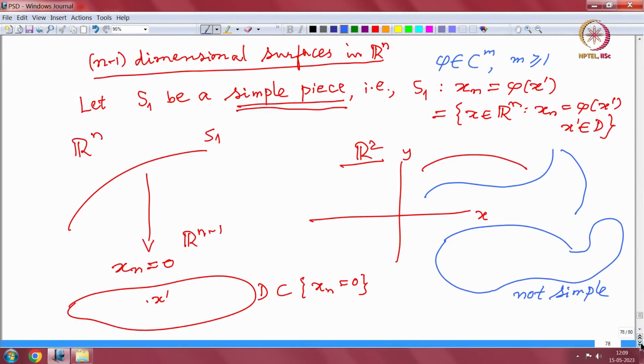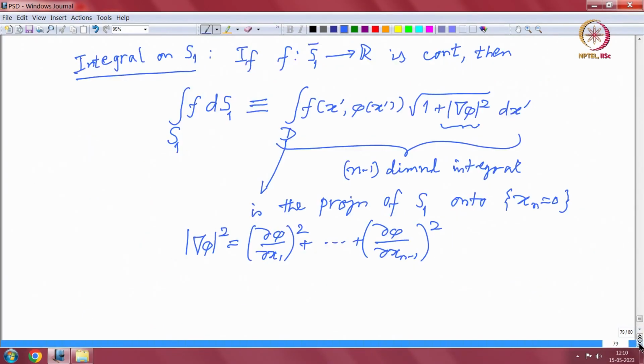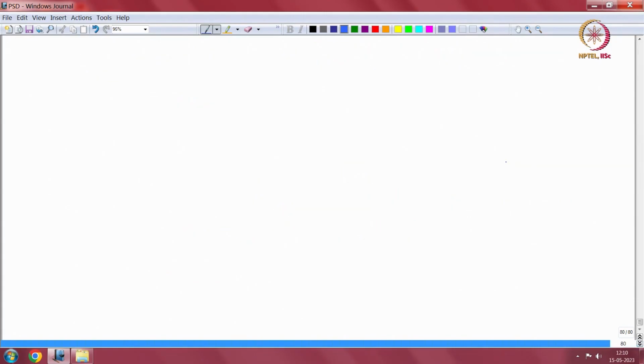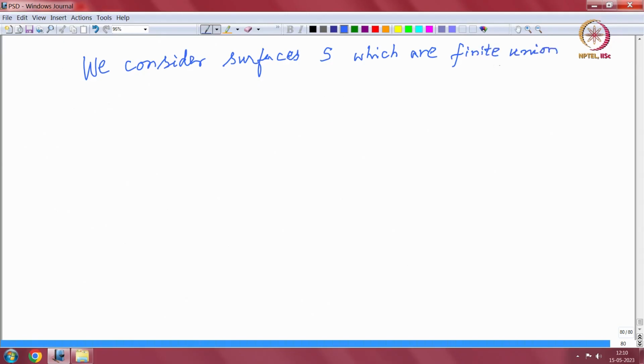Now we extend this for other surfaces, and we consider n minus 1 dimensional surfaces S which are a finite union of simple pieces.